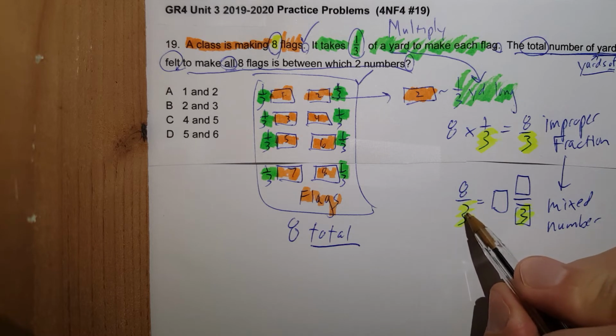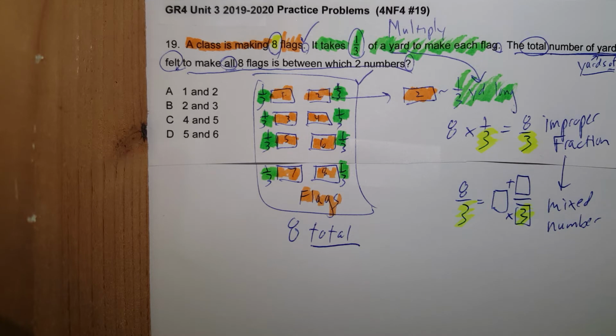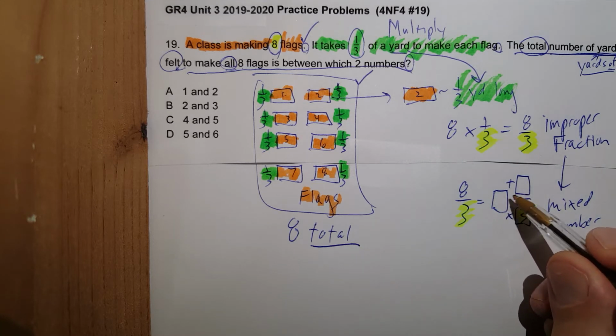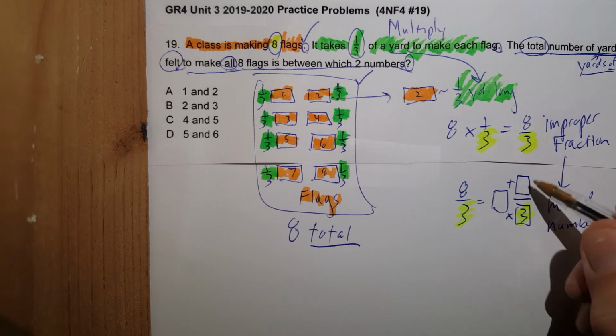When I go from an improper fraction to a mixed number, you can do it several different ways. I just like going this way mentally. 3 times what equals what? That total answer needs to be 8.